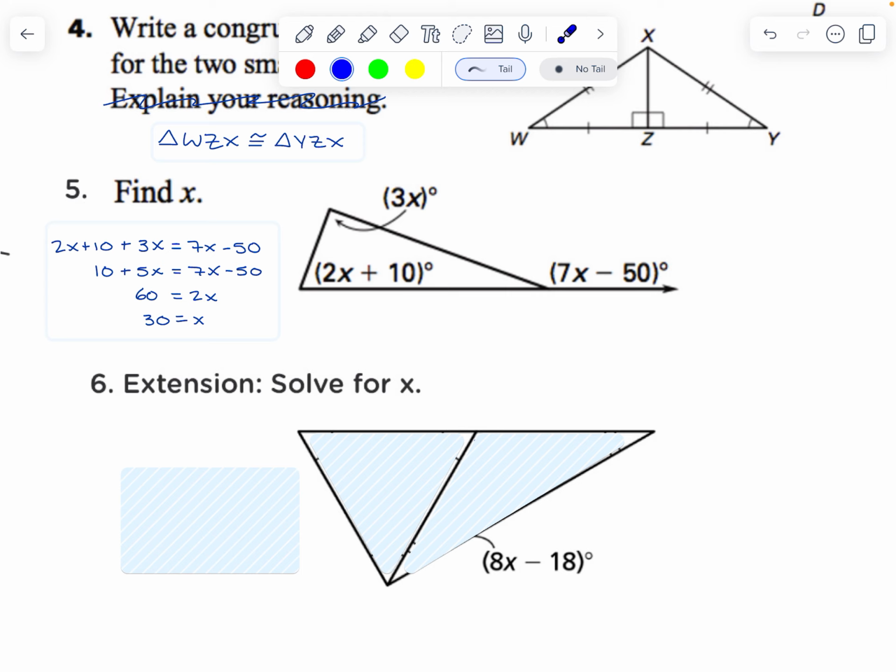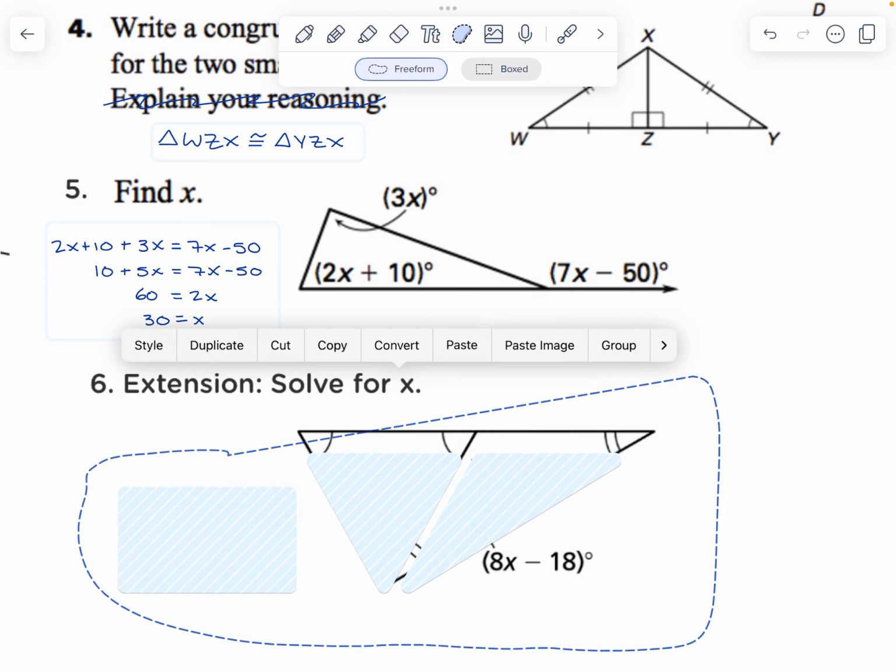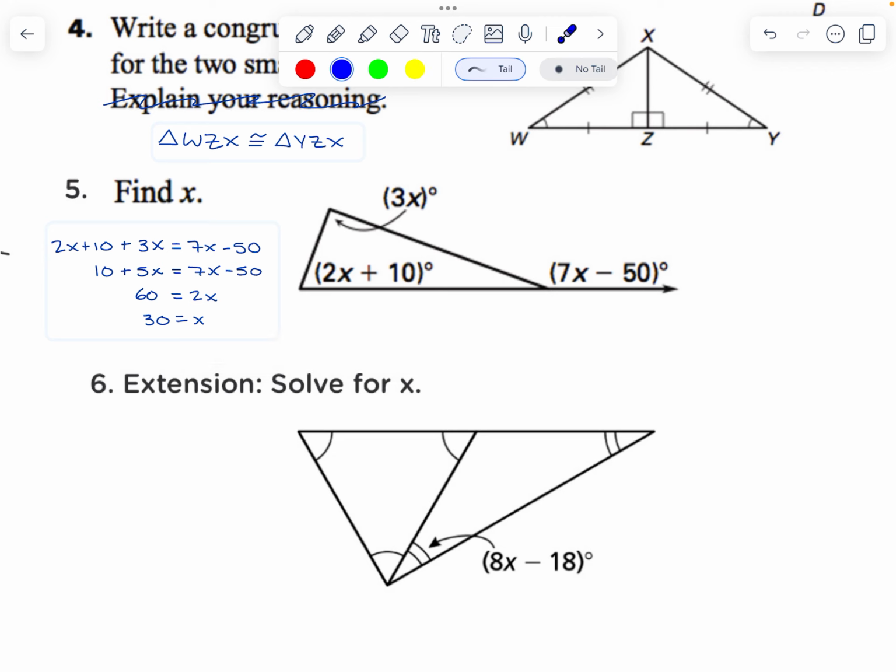This problem was a little extension problem. I get that it was a little tougher. Let's talk about it. So the only information that you have right away is that, let me take all this off. Congruent, congruent, congruent.